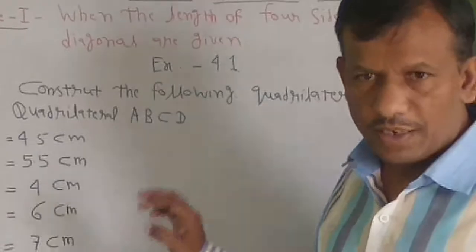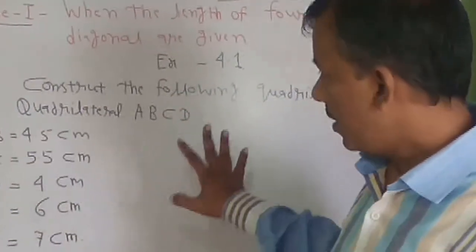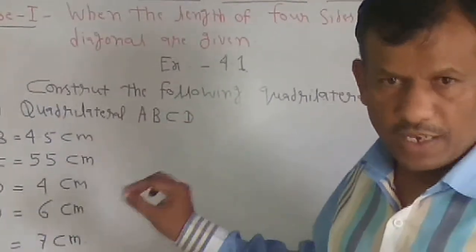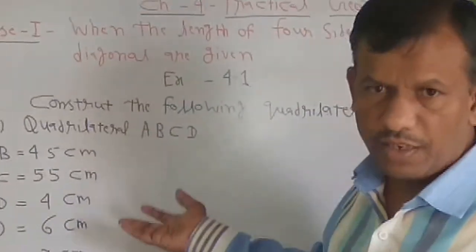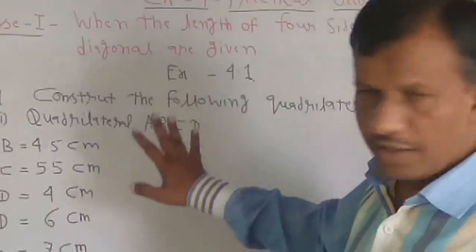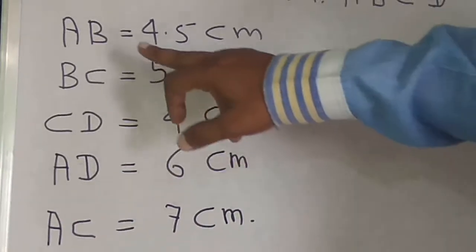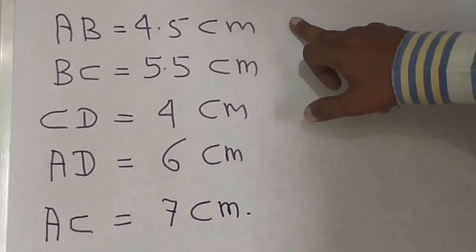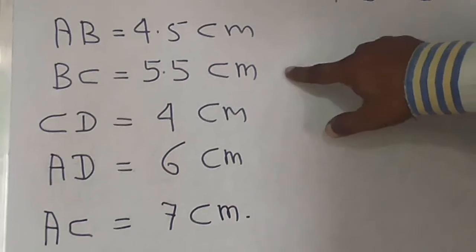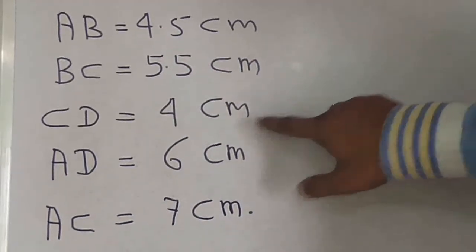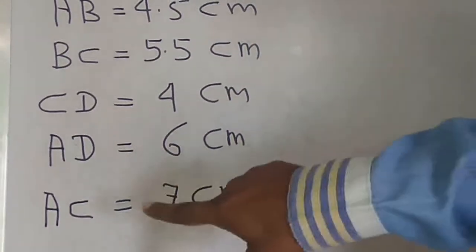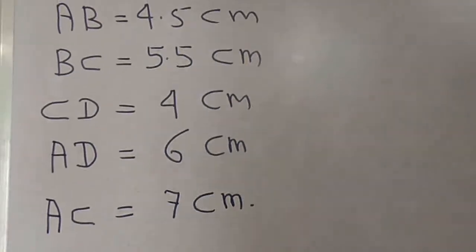Before we draw the rough diagram for this particular quadrilateral, first we identify which one is the diagonal. So we read it very carefully. This is AB equal to 4.5 cm, BC equal to 5.5 cm, CD equal to 4 cm, AD equal to 6 cm and AC equal to 7 cm.